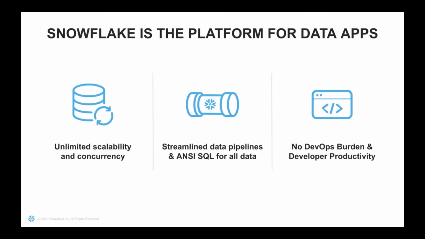So why do customers turn to Snowflake to build these data applications? There are 3 primary reasons. One, as I mentioned before, is unlimited scalability and concurrency. By that I mean I can scale my storage independently from my compute if I need to, and I can scale my compute independently from my storage.